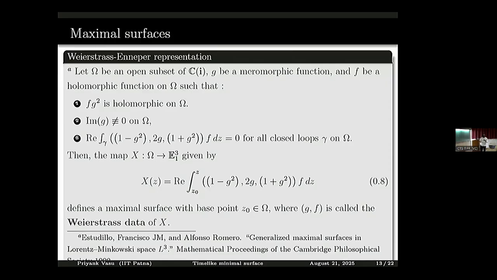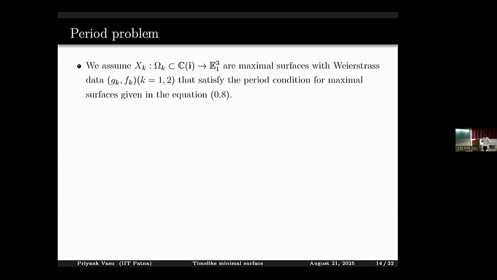Okay, so this reparameterization loses some condition: before this, when G was here, it was related to the Gauss map of the maximal surface, but here it is not related to that.